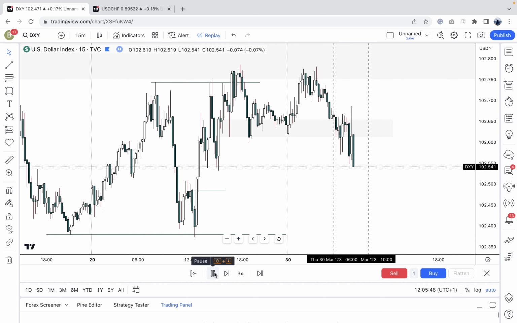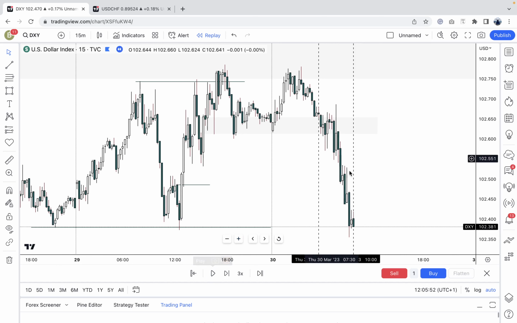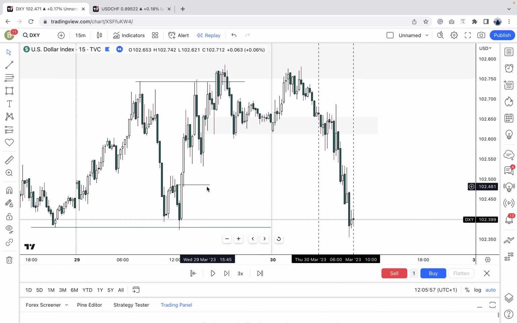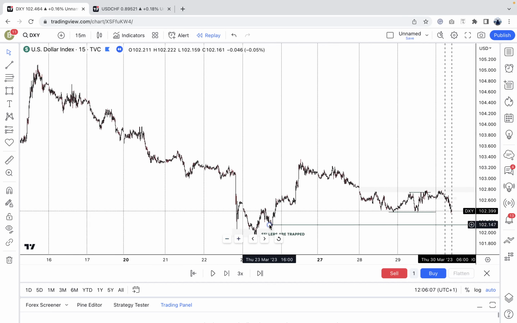Now let's see if it runs sell side liquidity. Can you see that the market actually runs sell side liquidity here? Eventually does so. What was going on here? This liquidity was being engineered, and this liquidity here was being deferred.